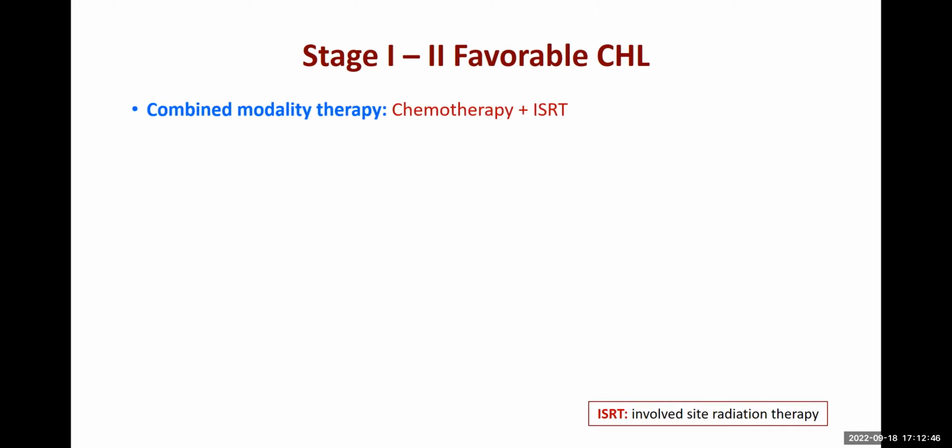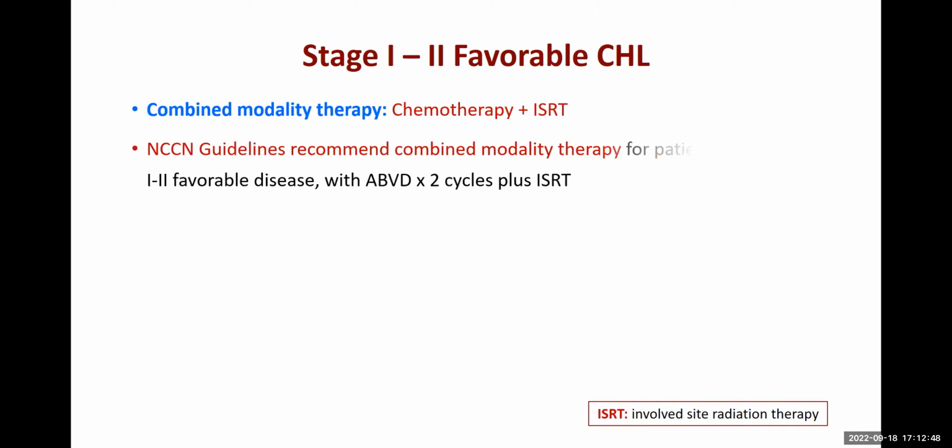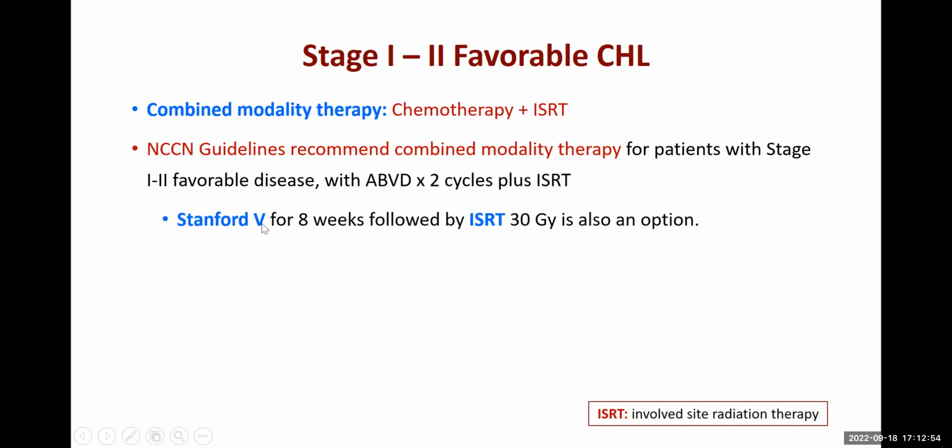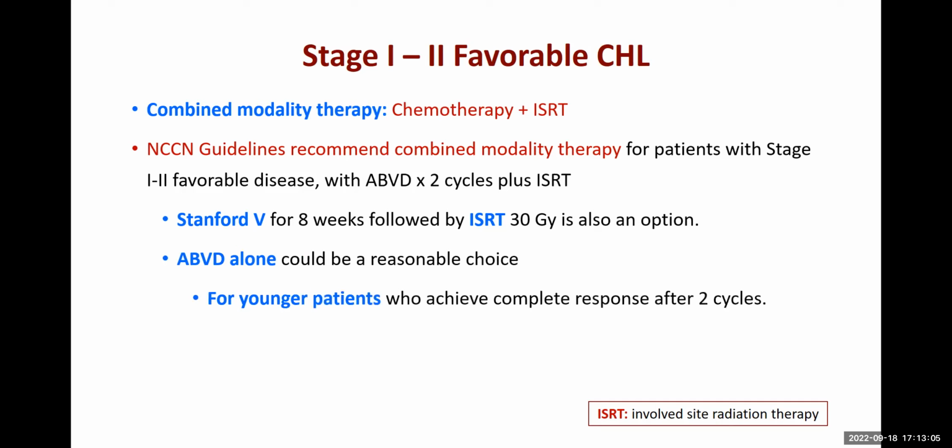Let's go quickly. Combined modality therapy, chemotherapy, ISRT, chemotherapy is ABVD 2 cycle for favorable disease. Stanford 5 for 8 weeks. It was either 8 weeks or 12 weeks with radiation therapy. ABVD alone. For younger patients, you can give it alone.